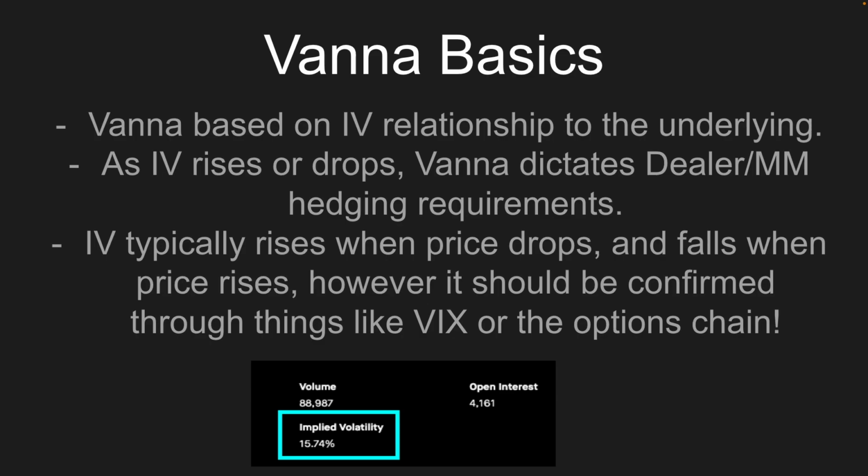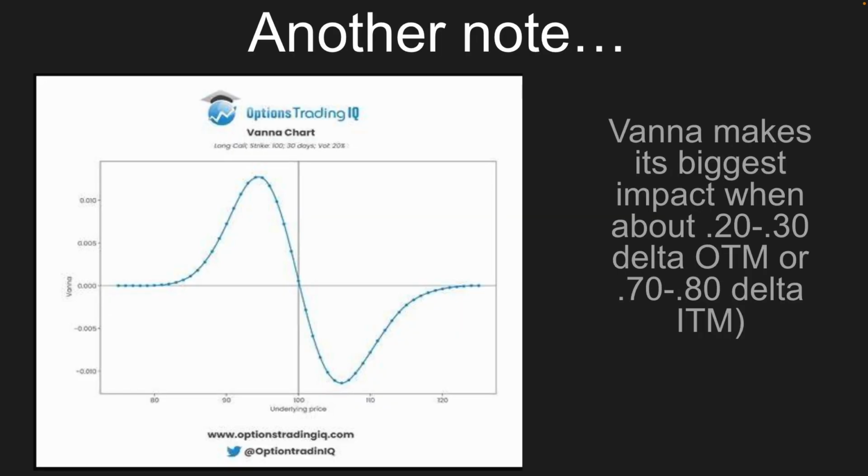As a rule of thumb, IV typically rises when price drops and falls when price rises. However, we need to make sure that we always verify that. We can do that by looking at the options chain, as shown here, by looking at implied volatility, or as a quick reference by looking at something like VIX, especially for trading the S&P 500.